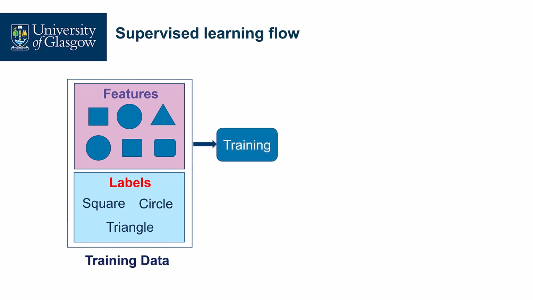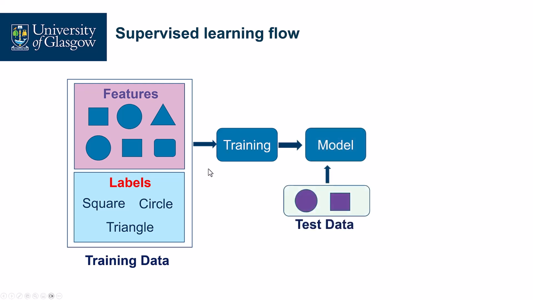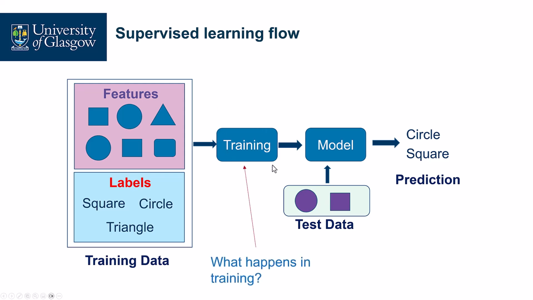Then we use them to train a model. After the training, a machine learning model is obtained. And with this model, we can input the test data to find out the prediction, right? So now the central issue is, what happens in the training?